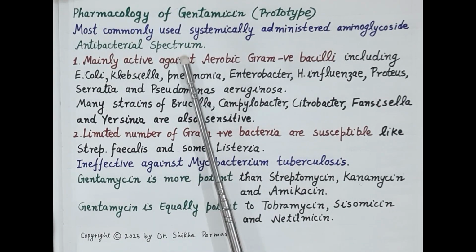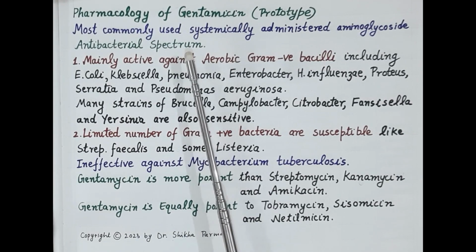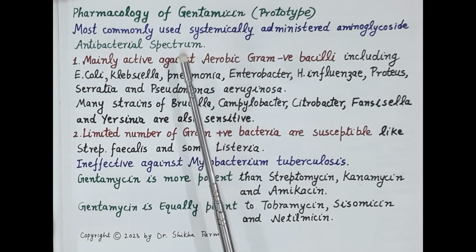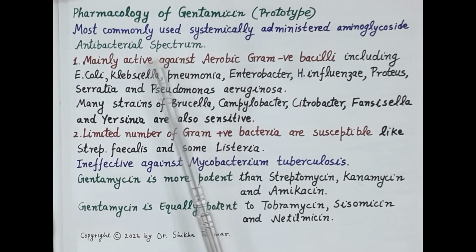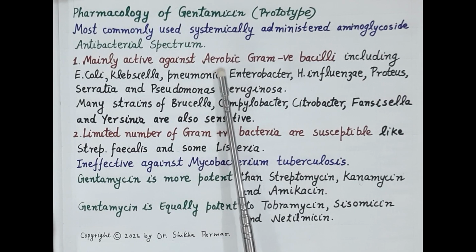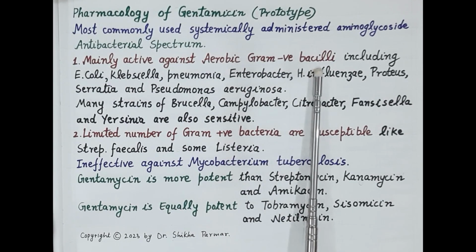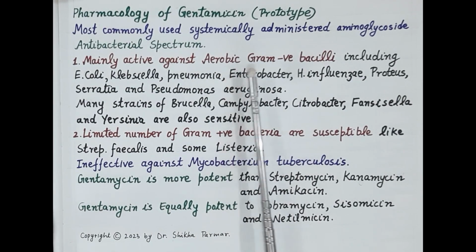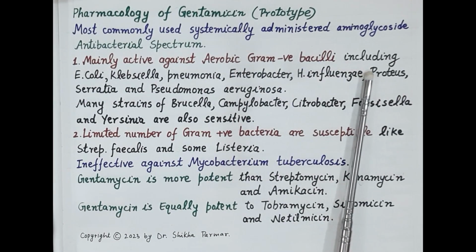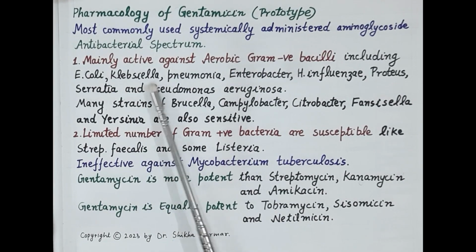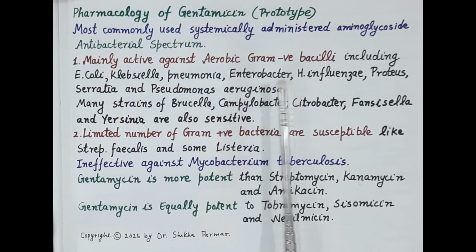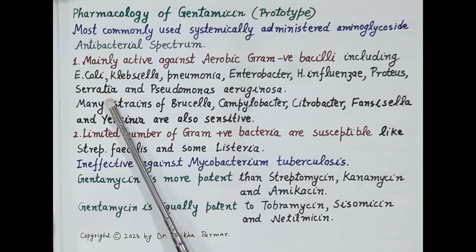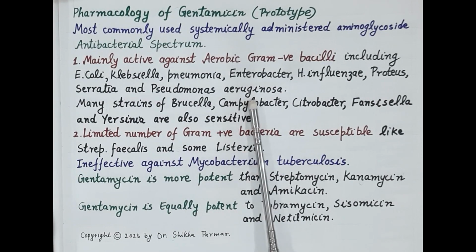Now, the antibacterial spectrum of gentamicin. It is very important to remember that gentamicin and other aminoglycosides are mainly active against aerobic gram-negative bacilli, including E. coli, Klebsiella pneumoniae, Enterobacter, Haemophilus influenzae, then Proteus, Serratia, and Pseudomonas aeruginosa.